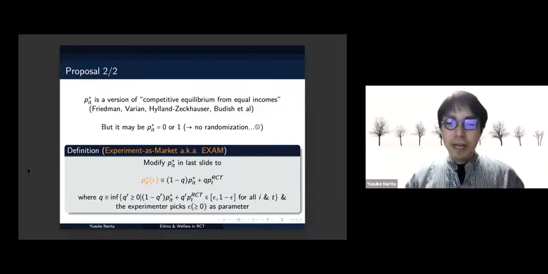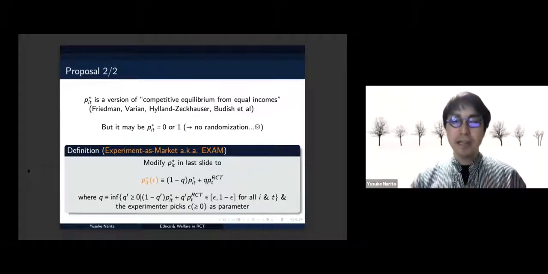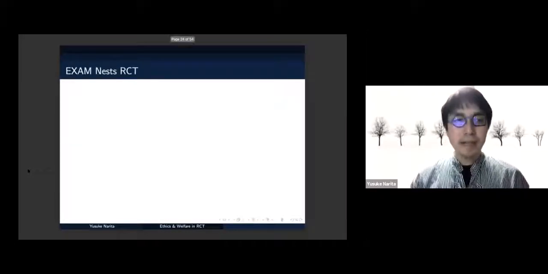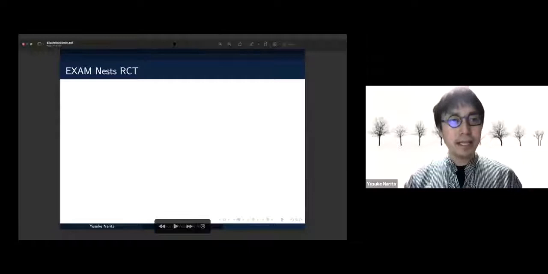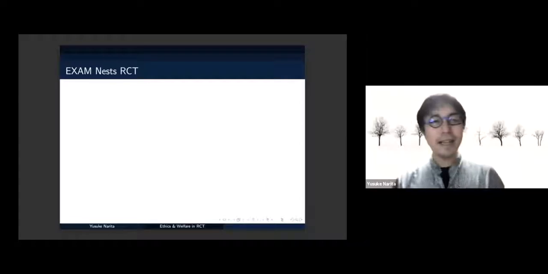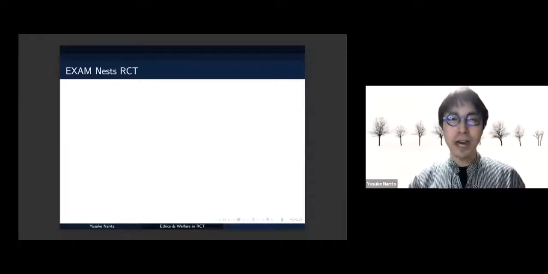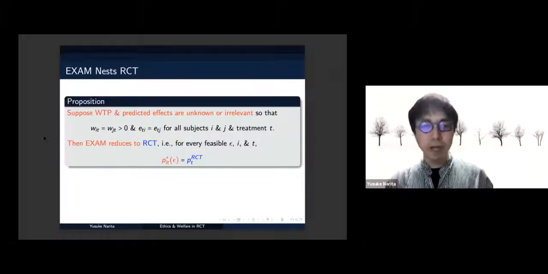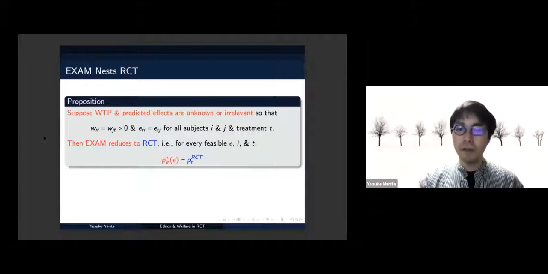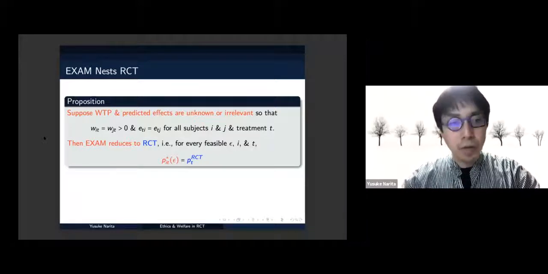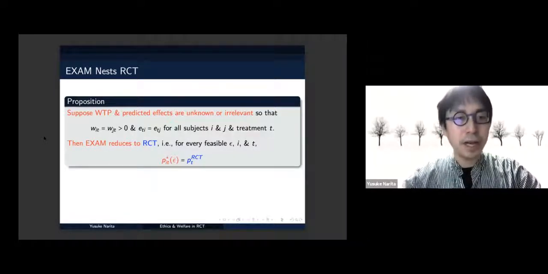But if you are confused by this slightly messy definition, then you can take this P star of epsilon, or exam, as some black box algorithm that will compute assignment probabilities based on your data. But at the very least, I should convince you that this exam is not just some crazy monster that comes from nowhere, but rather a natural extension of the usual RCT. So to clarify this point, let's imagine a situation where the experimenter has no clue about willingness to pay or predicted effect. The very classic scenario, with no additional information about welfare.